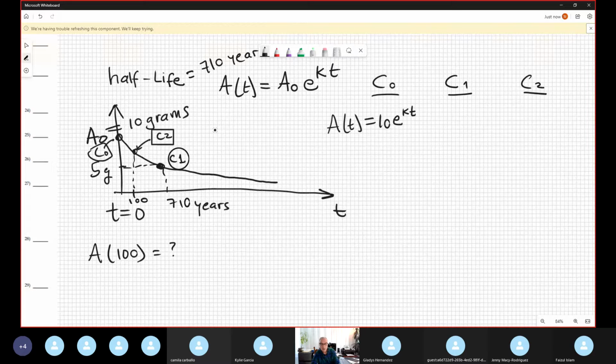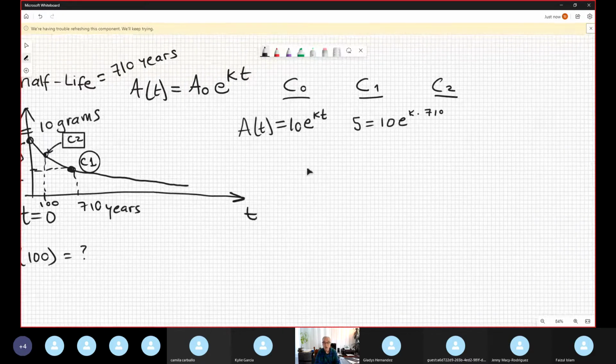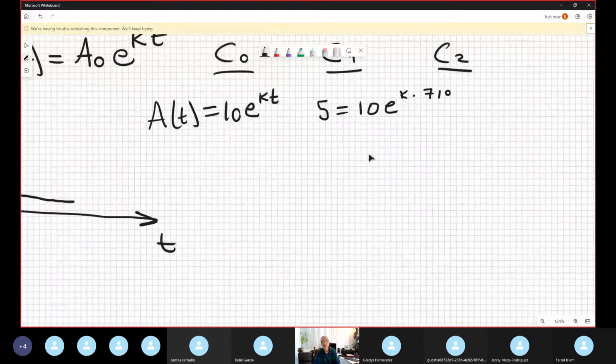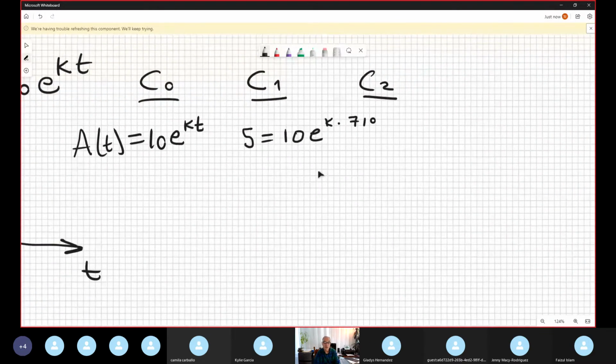But in condition 1, I know that the amount of substance is 5, equal to 10 exponential K multiplied by the time, and the time is 710 years. Wow, we have an exponential equation, but the only unknown in this exponential equation is K. So to solve for K, divide by 10 both sides. 5 over 10 is 1/2, equal to e to the 710 K. Oh, nice.